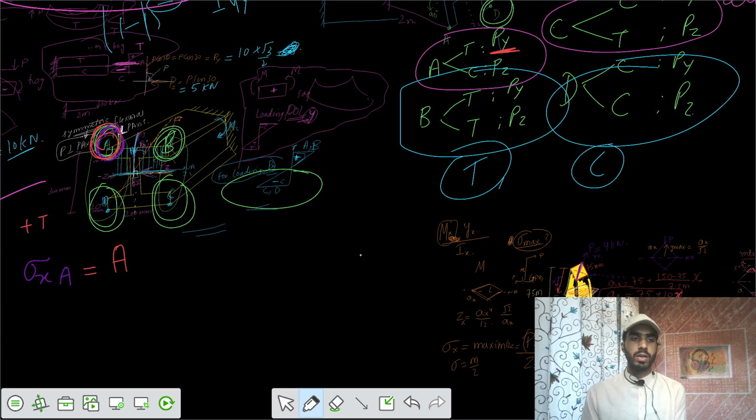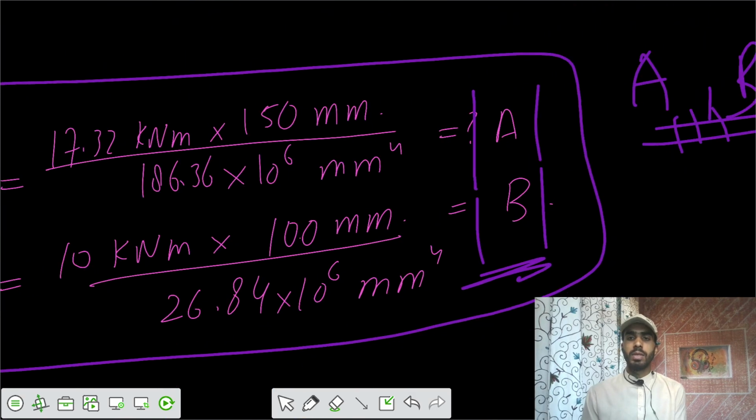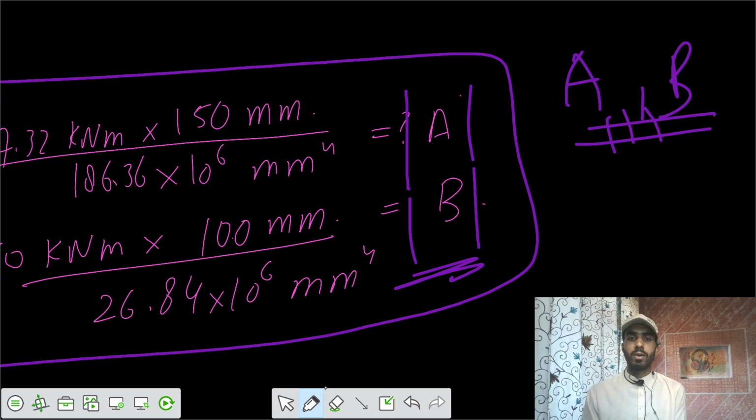We write tensile stresses as positive and compressive stresses as negative. So A plus, and we write minus C. Because C is compressive, we write minus, and that value of C was equal to B. Let's write these as alpha and beta.